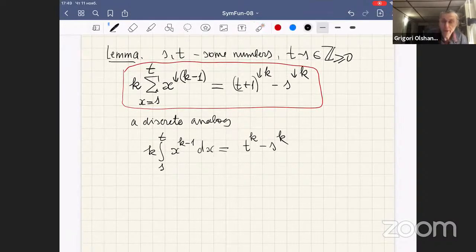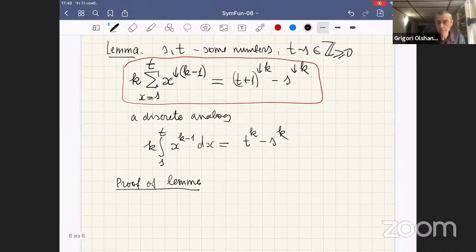First of all, I'm sorry, how to prove this? Proof of the lemma. It's simple, but instructive. Take the simplest particular case, when the difference between t and s equals just 1.